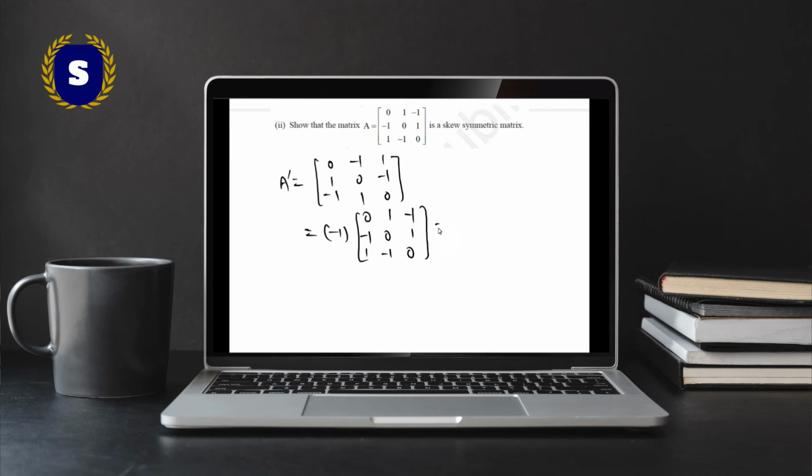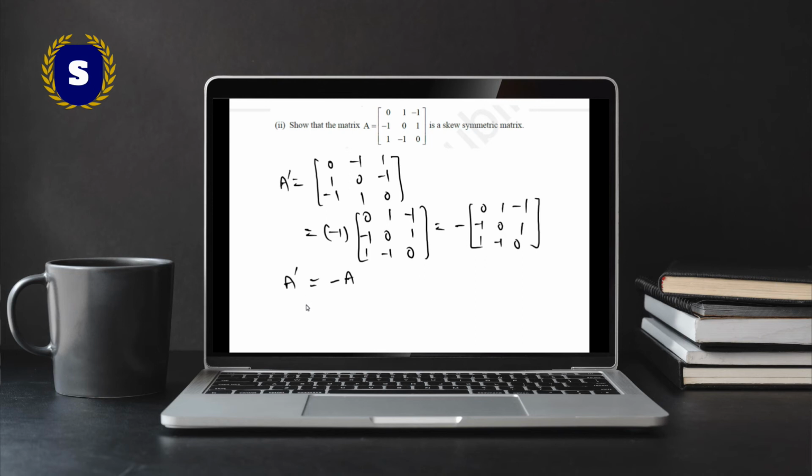So we have got minus of this matrix 0, 1, minus 1, minus 1, 0, 1, 1, minus 1, 0. We can see on the right side we have the same matrix, that is matrix A. So we can write minus A. We have seen that the transpose of matrix A is equal to the negative of the same matrix.